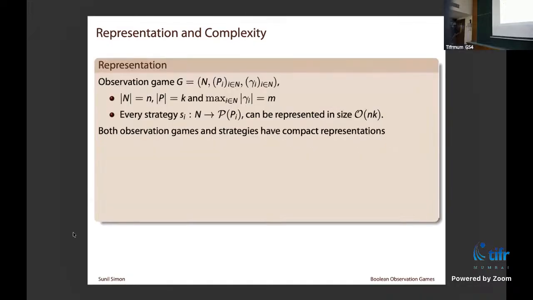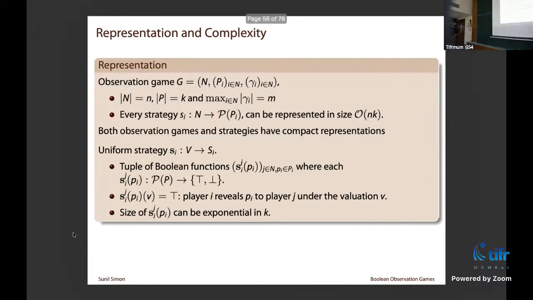The first thing to observe is that this observation game itself has a compact representation in terms of its parameters. You have a set of players, and you have some set of propositions. A strategy is a map from the players to the power set of the propositions. So each strategy has a compact representation in terms of the number of players and propositions, just n times k.